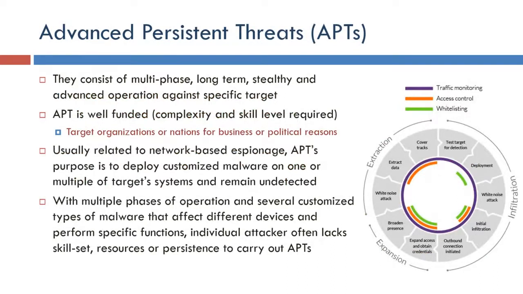One of the most dangerous attacks, as we said before, is something called advanced persistent threats. The problem with advanced persistent threats is that they are attacks meant to be multi-phase. They have multiple phases, they are long-term, and they make sure that they hide themselves well.